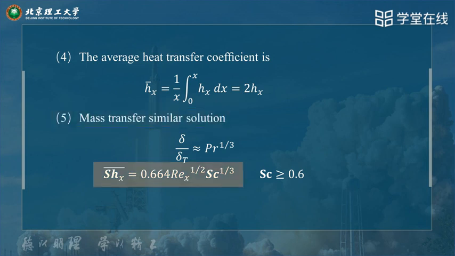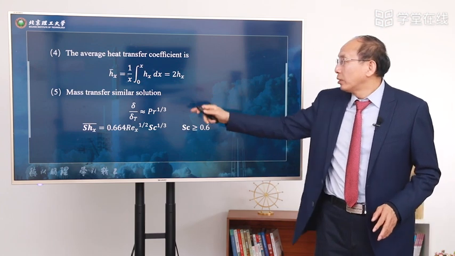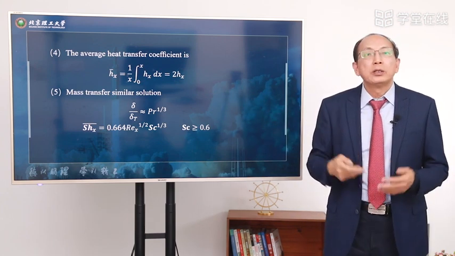For example, the Sherwood number x average is 0.664 Reynolds number power half, Schmidt number power 1 over 3, when the Schmidt number is larger than 0.6. Here is the mass transfer similarity solution.